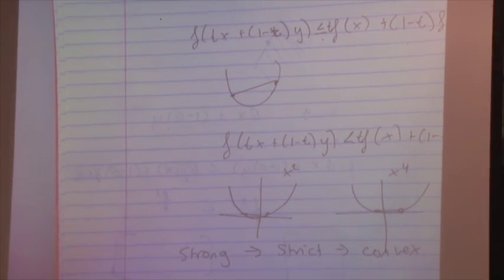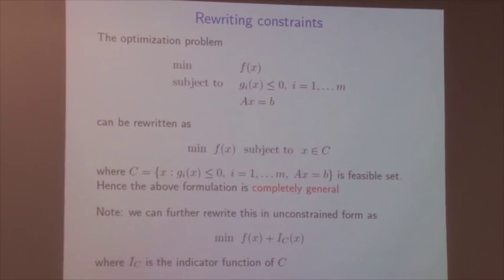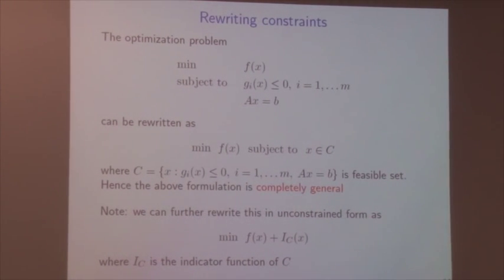Okay, so if we're all good with that material, let's move on to some things we can do to make convex problems easier to solve, or any optimization problem. The first thing to realize is that the feasible set can be described in set notation, which is nice.